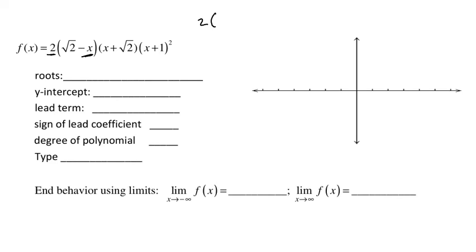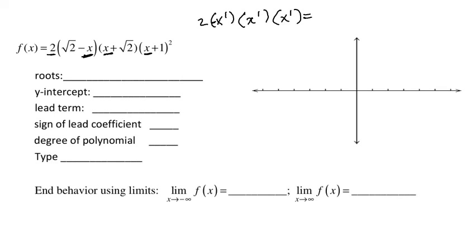So we're going to multiply that by x, or x to the first power. Same thing here, we're going to multiply by another x to the first power. And same thing here, we're going to multiply by another x to the first power. What we want to note though is this first x that we took actually had a minus sign in front of it. So we're going to put a negative here to make sure that our signs are accurate.